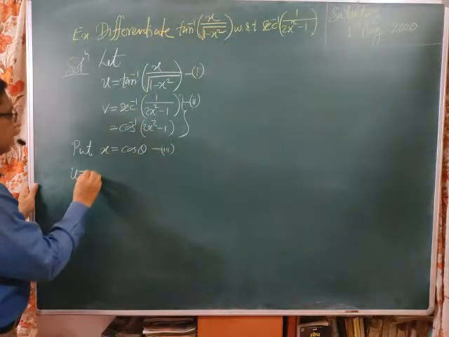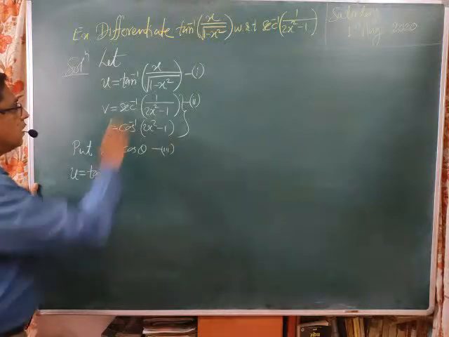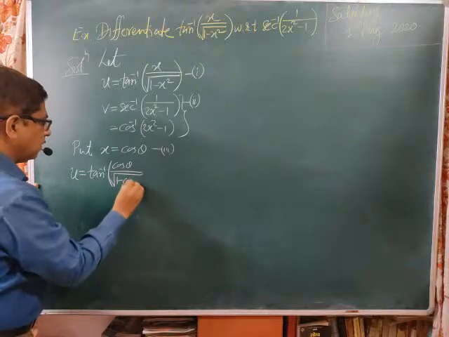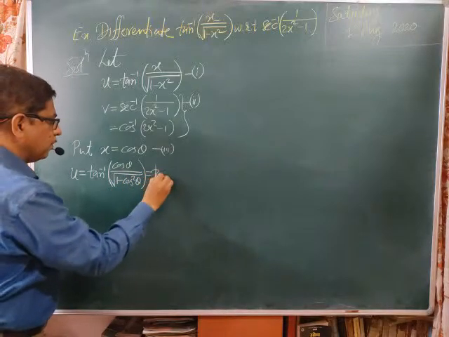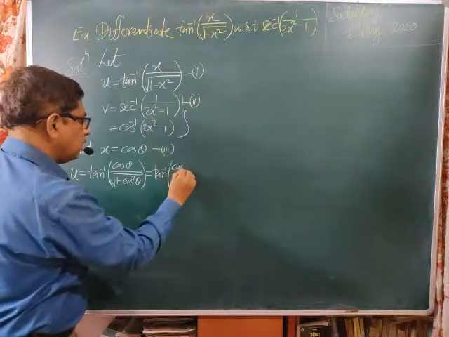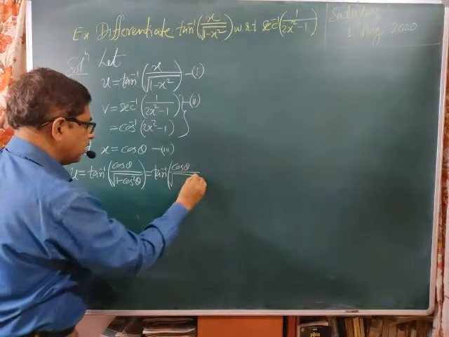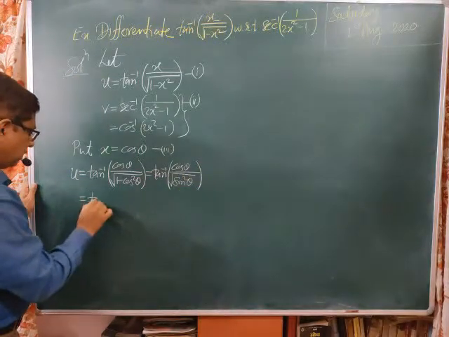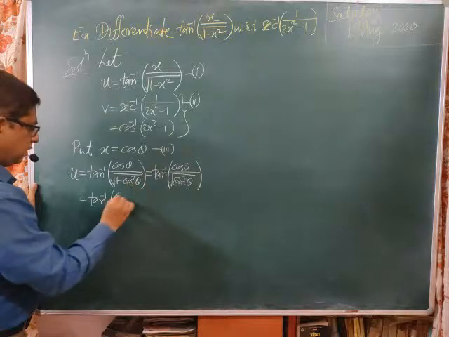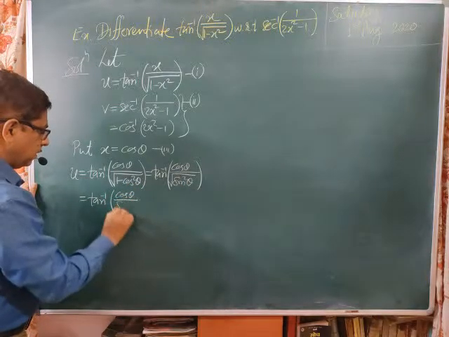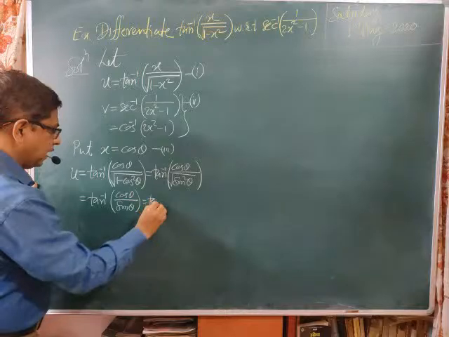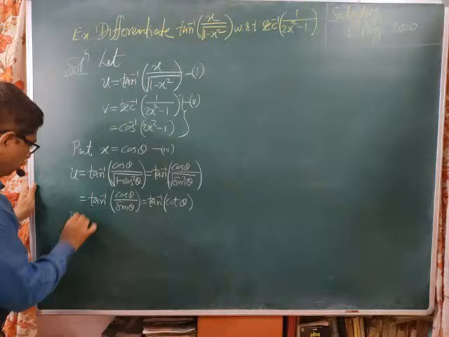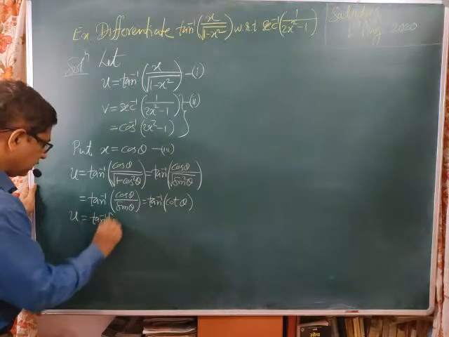U is equal to tan inverse cos theta divided by root of 1 minus cos square theta, which is equal to tan inverse cos theta divided by root of 1 minus cos square theta is sin square theta, which is equal to tan inverse cos theta upon sin theta, which is equal to tan inverse of cot theta. Okay, then u is equal to tan inverse cot theta.